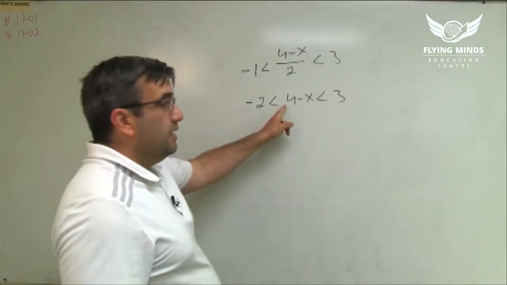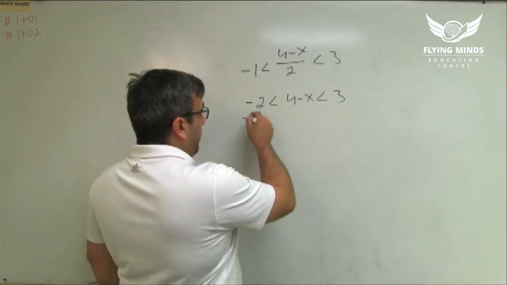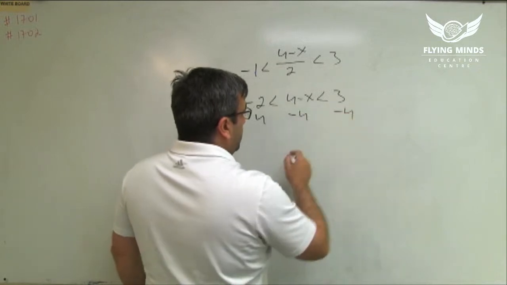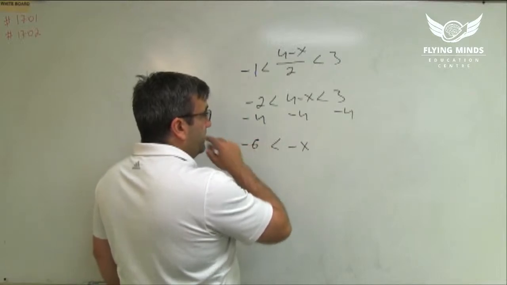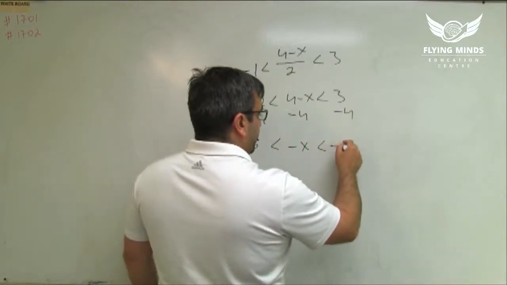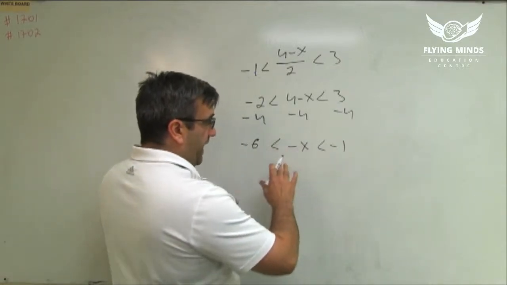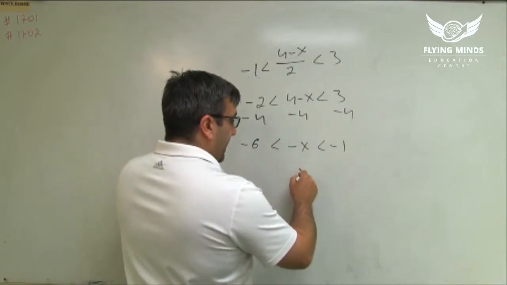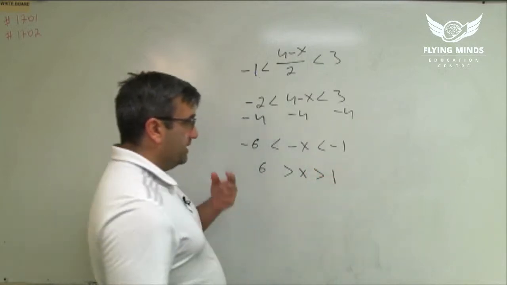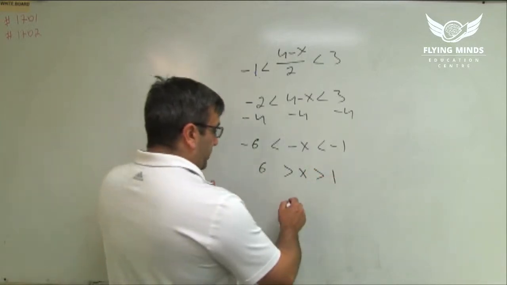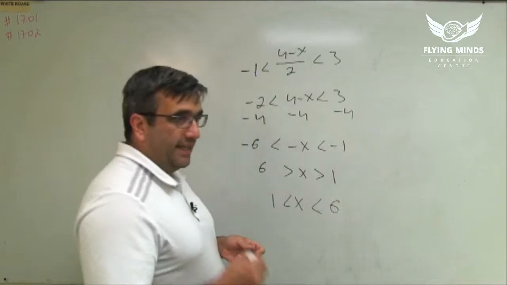Then we subtract 4 from all parts, and we get negative x, with negative 6 here and negative 1 here. Then, because we have negative x, we multiply by negative 1 and switch signs. Let's put it in correct order. So x is greater than 1 and less than 6, right?